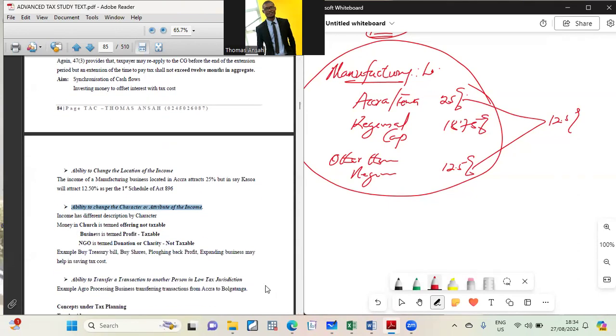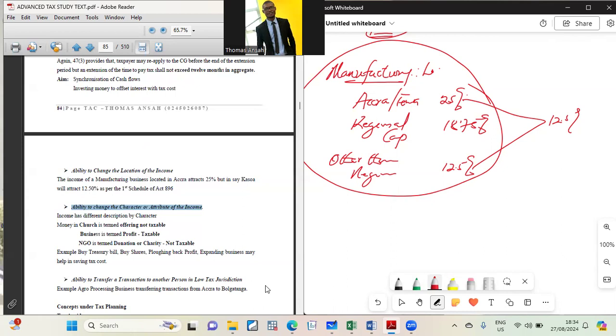So if you're able to change the character of the income, you'll be able to dodge tax, because the church offering money is not taxable. The NGO donation money or charity is not taxable, but the business profit is taxable. So the ability to change the nature or the character of the income also affects the taxability of it.